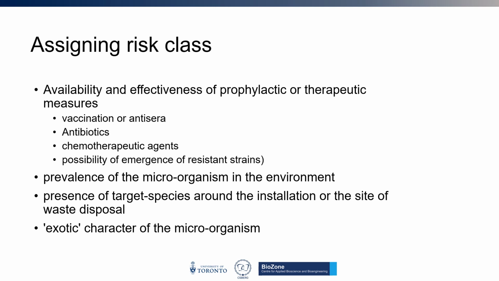Again, that would put it into a higher risk class. Then there's the prevalence of the microorganism in the environment. Is there any native microorganism that your organism could interact with and potentially pass on traits to the native organisms?